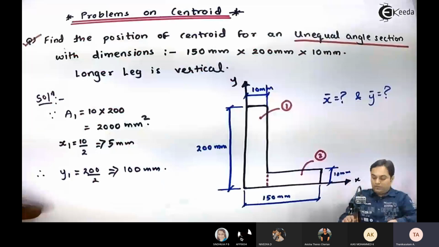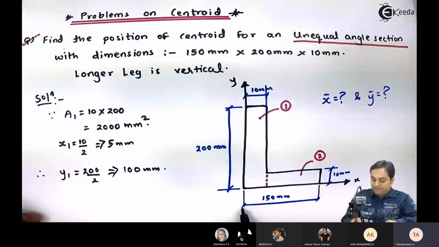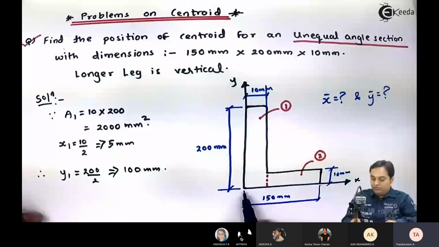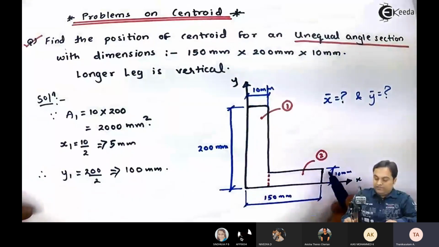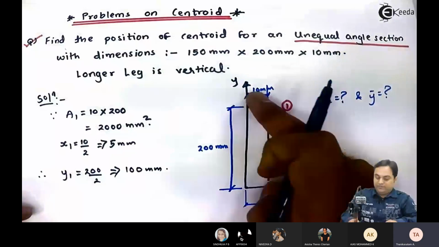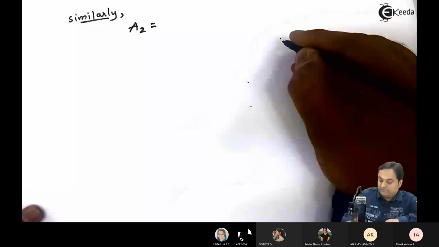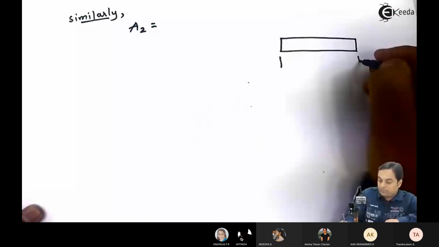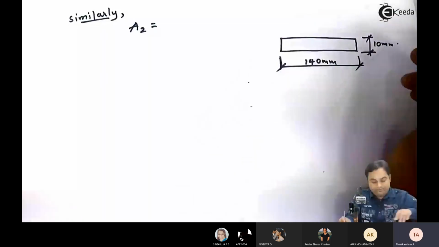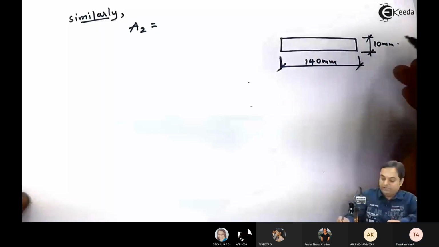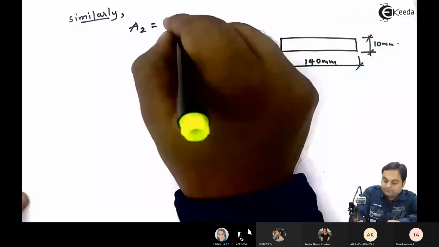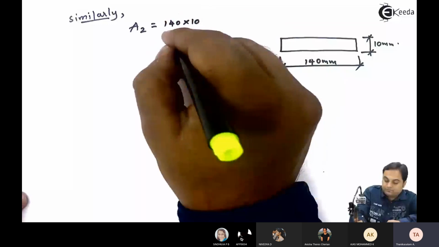Here this was 150 from the origin up to the angle section. Now, if I subtract 10 because this is for the first rectangle, then I will get the width of the second rectangle. So it is 150 minus 10, that is 140. So I will draw the second rectangle here. Now for the second rectangle, area will be 140 into 10, that is 1400 mm square.